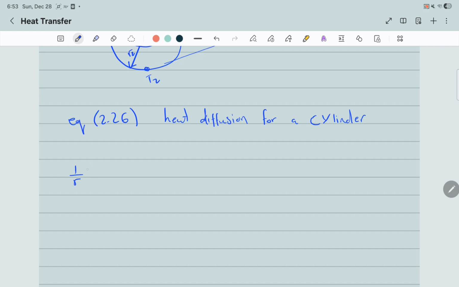1 over r times d over dr times k r dT/dr. Okay, that represents the heat flow in the r direction, plus 1 over r squared d over d theta times k times dT/d theta.